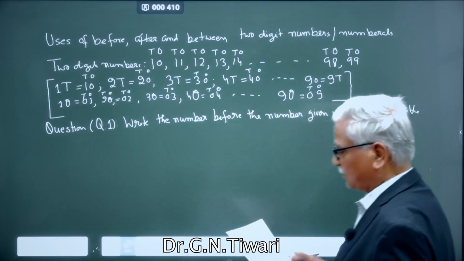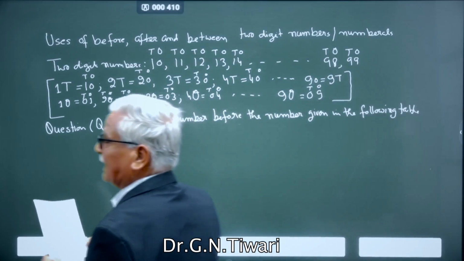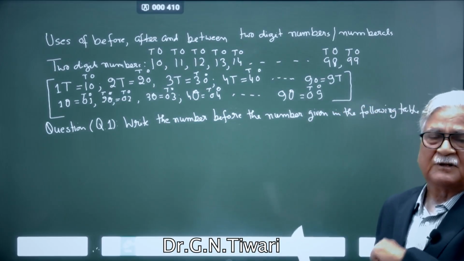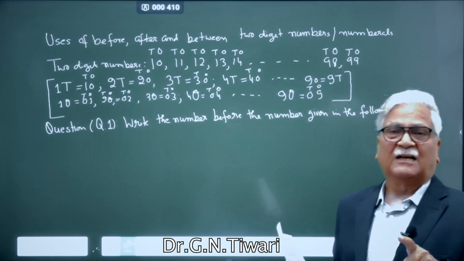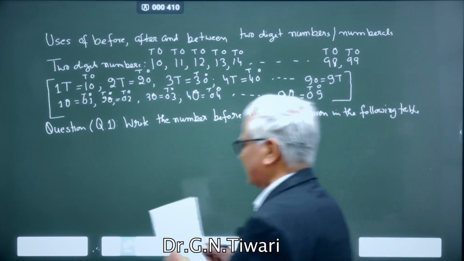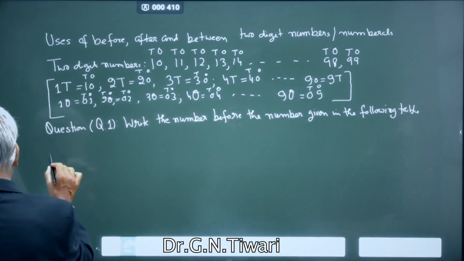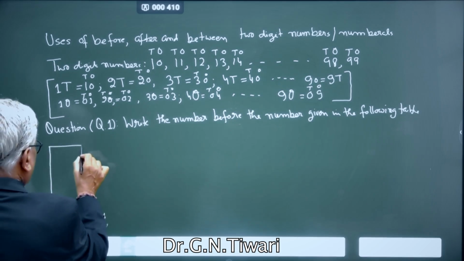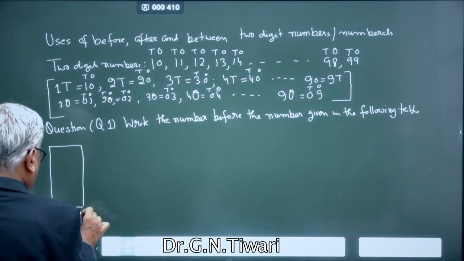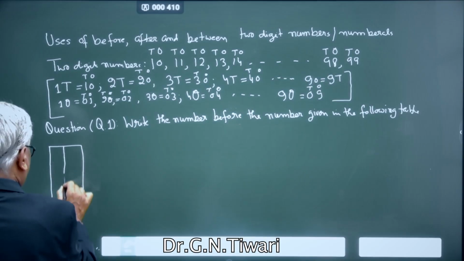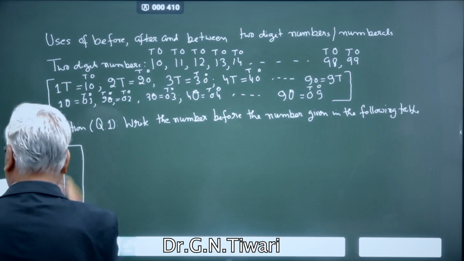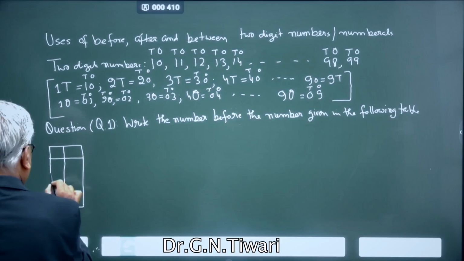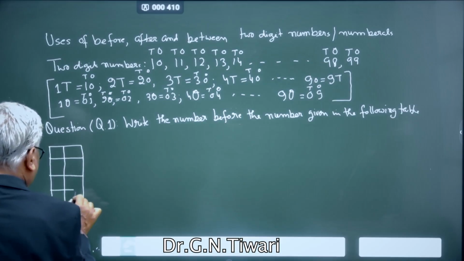You ask the students to do this practice, and I always suggest that you ask the student to make a block as I am doing, because once they understand, it will be practice for good handwriting in math. Just say this is one block. I have divided it into two parts, vertically and horizontally, then 1, 2, 3, 4.